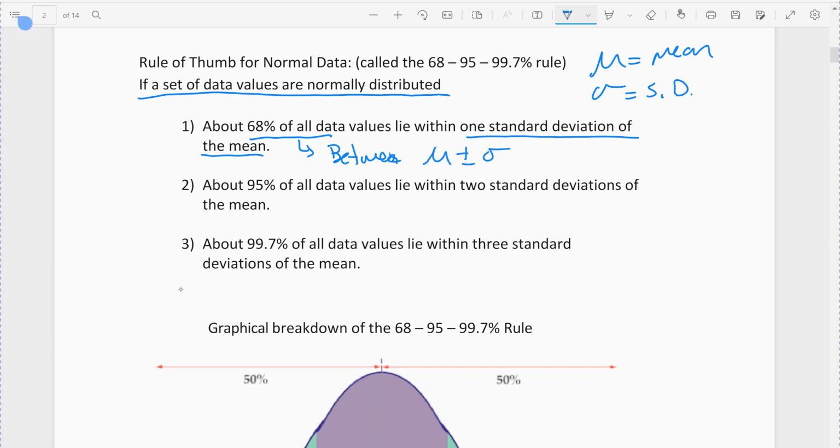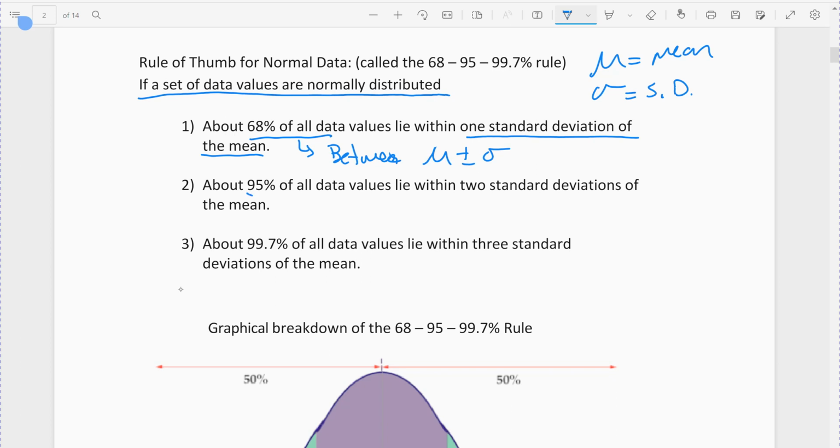Right? That's what that means. It means if the mean is 10 and the standard deviation is 5, 68% of the data values will land between, add 5, so 15, subtract 5, 5. So between 5 and 15.